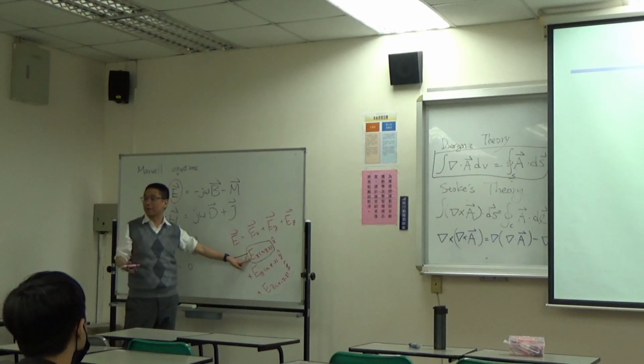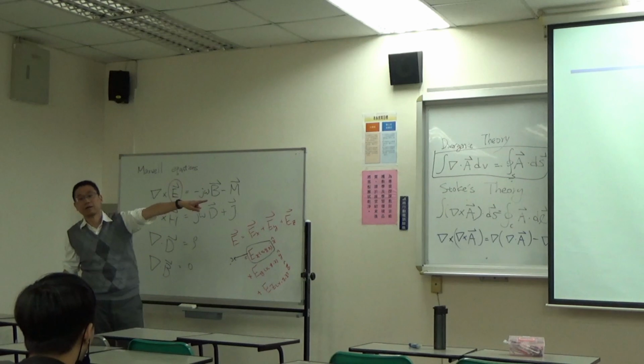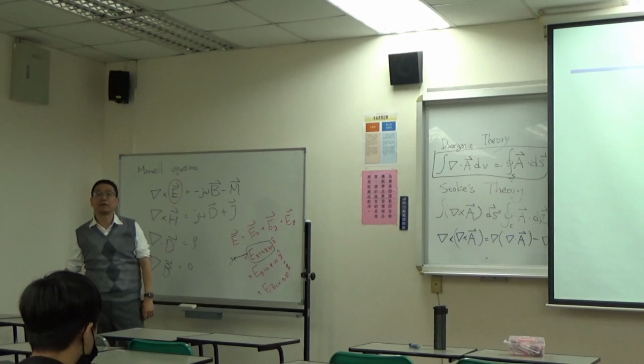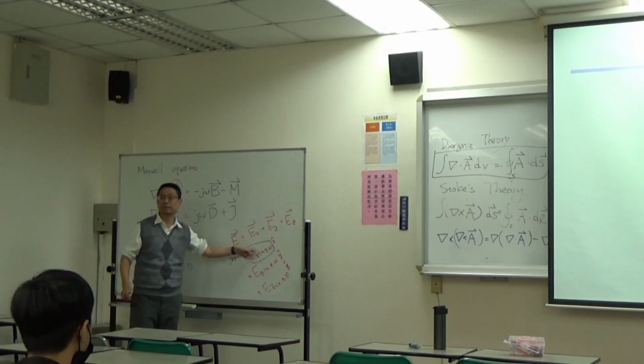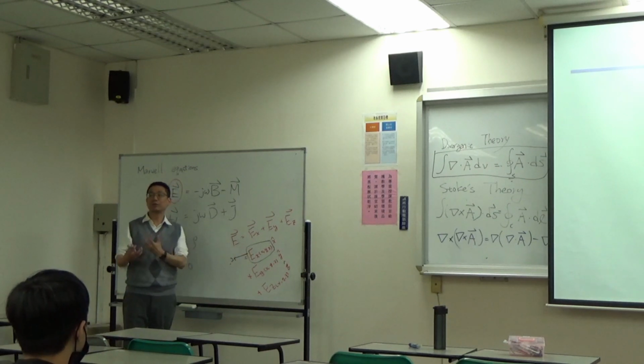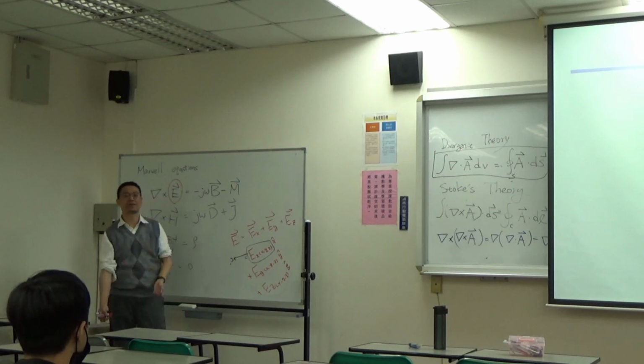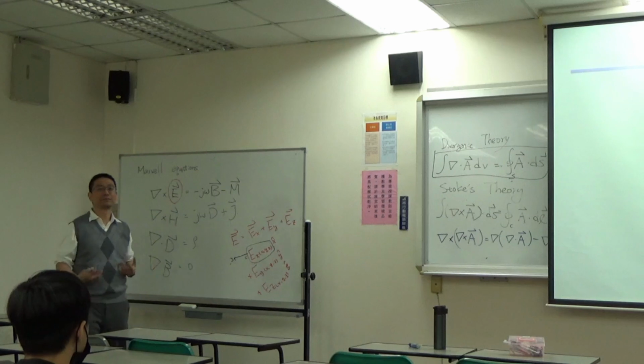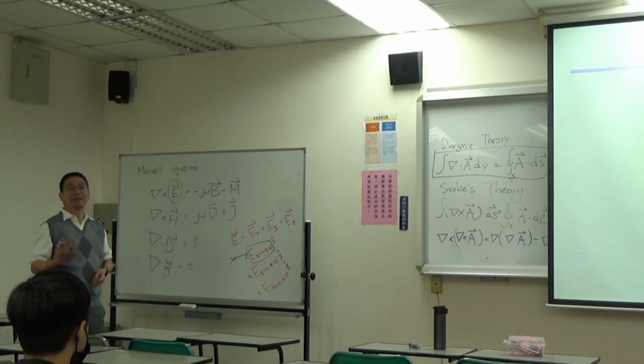What do we have to solve this E? This is what we do here, the wave equation. We try to solve this because we want to understand more about the E field.